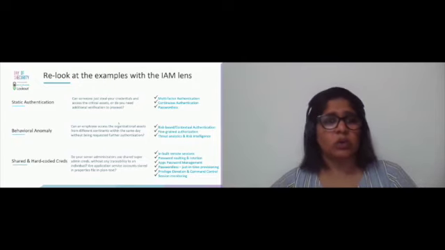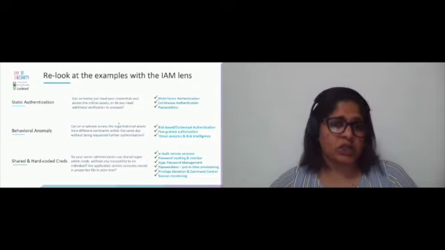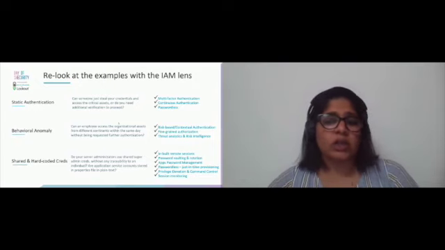You just connect to the system. Let's say you want to do a remote login into a Windows server. All you do is use our PAM solution and you will be automatically connected to the RDP session. You no longer have to enter any admin credentials, right? An alternate way is privilege elevation, or even just-in-time provisioning, right? By privilege elevation, what we mean is maybe I don't even have a privileged account separately.